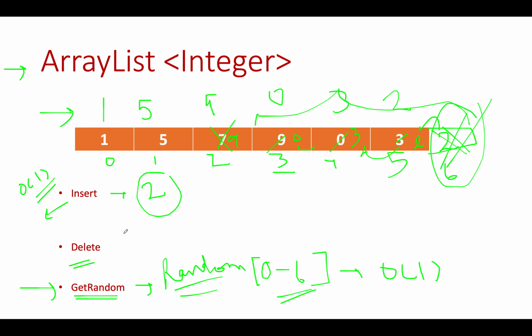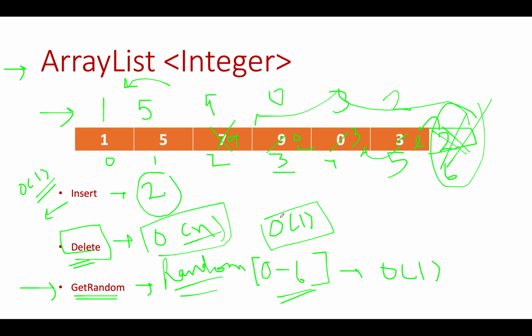The time complexity for deletion is order of n, since there could be cases where you have to traverse the complete array list towards left by 1 unit. This is an expensive operation, and that's the reason we cannot achieve deletion in order of 1 time complexity using a simple array list. We want to think of something better than this.